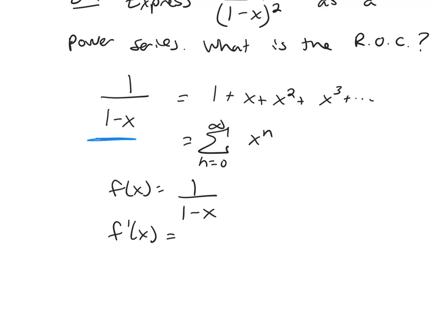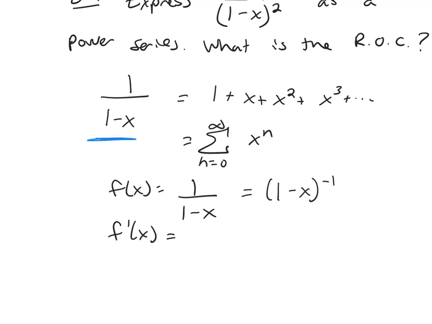Or another way you can do this: this numerator's fixed, right? It'll be 1 minus x to the negative first. That's how I can rewrite that function. And now we just do the chain rule. I think what you were thinking of, natural log, is what we get when we integrate the function.